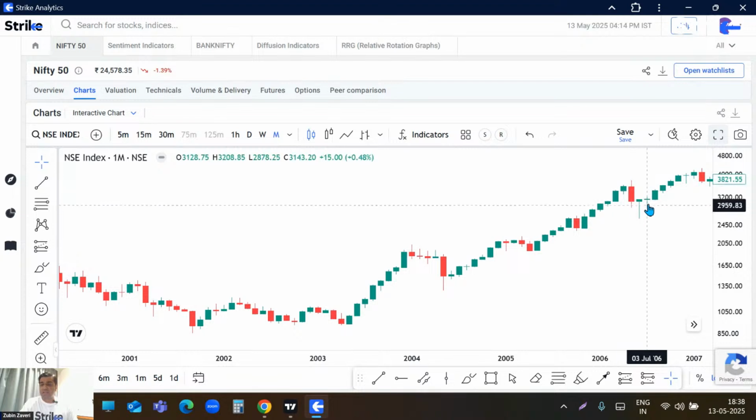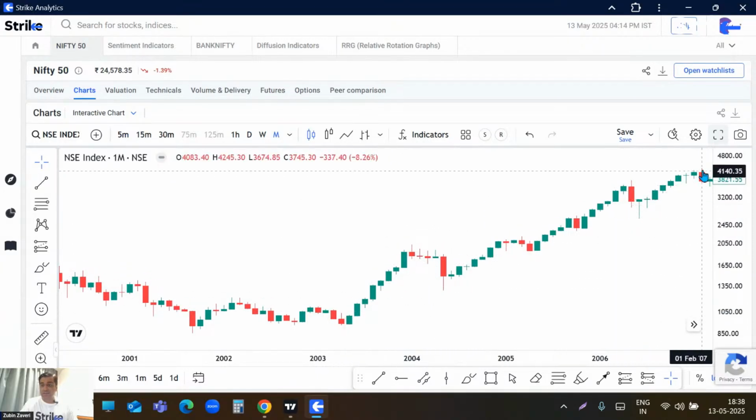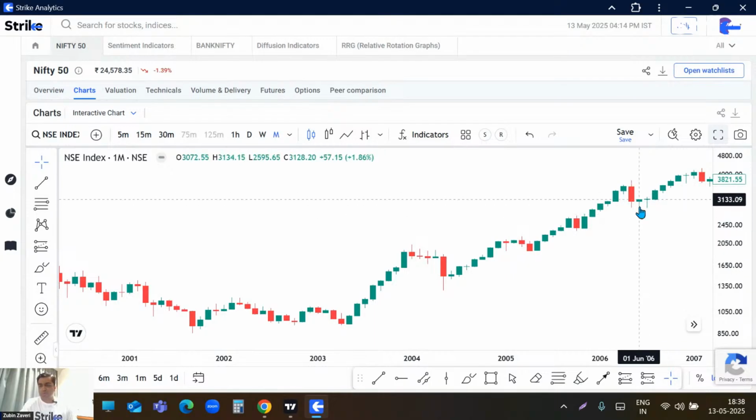But again, the market did not do much over here. It remained steady. The trend was up, making higher highs and higher lows, and it continued for a brief period. It might have come down a little bit, but on an overall chart, there was not much effect because of that attack.